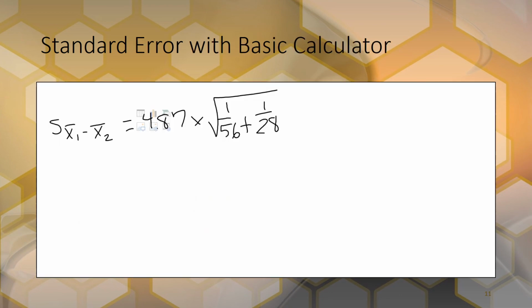Okay, now I'm going to find the standard error with a basic calculator, and you still need to remember your order of operations. So there's no parentheses, but there's an exponent, which is the square root sign. That's technically still an exponent.